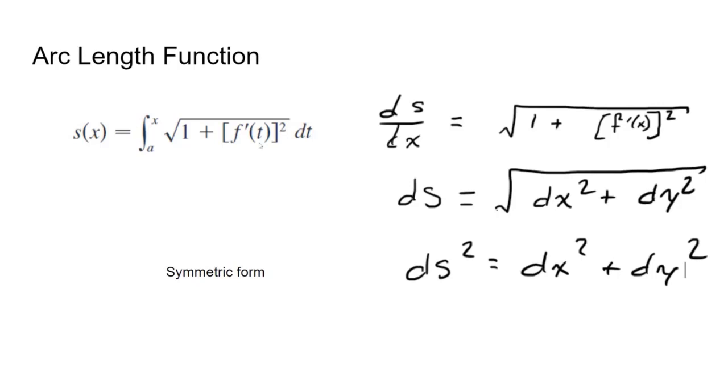And we call this t right here, there's a t dt. That doesn't really affect our answer in any way. We could have put any variable in there, so we call the t a dummy variable. We could have put f prime of u squared du.